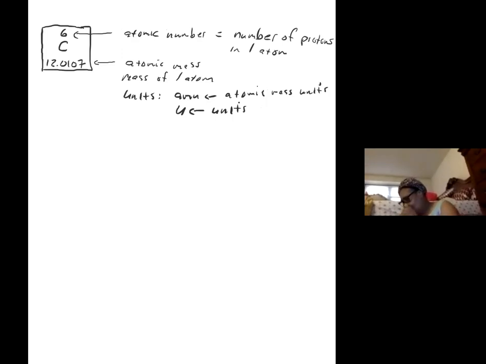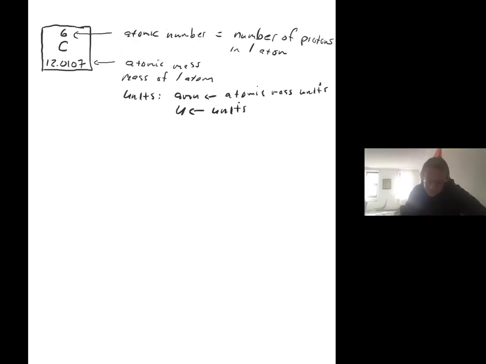Okay, so it's 12.0107 for carbon. Sometimes you'll just see a few sig figs. So you might see, for example, 12.01. This is when it's just rounded. It doesn't have as many sig figs. And you could see anything in between.